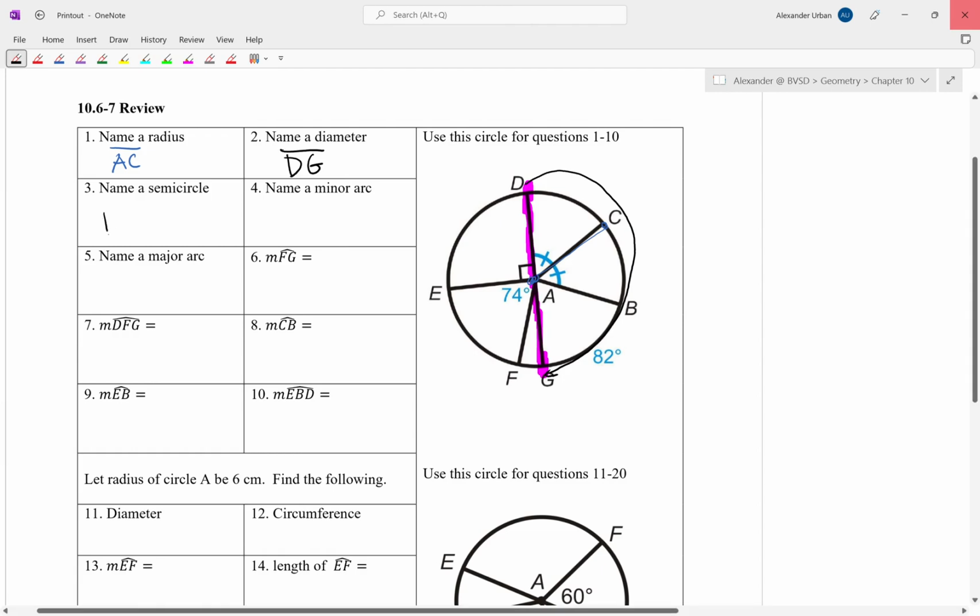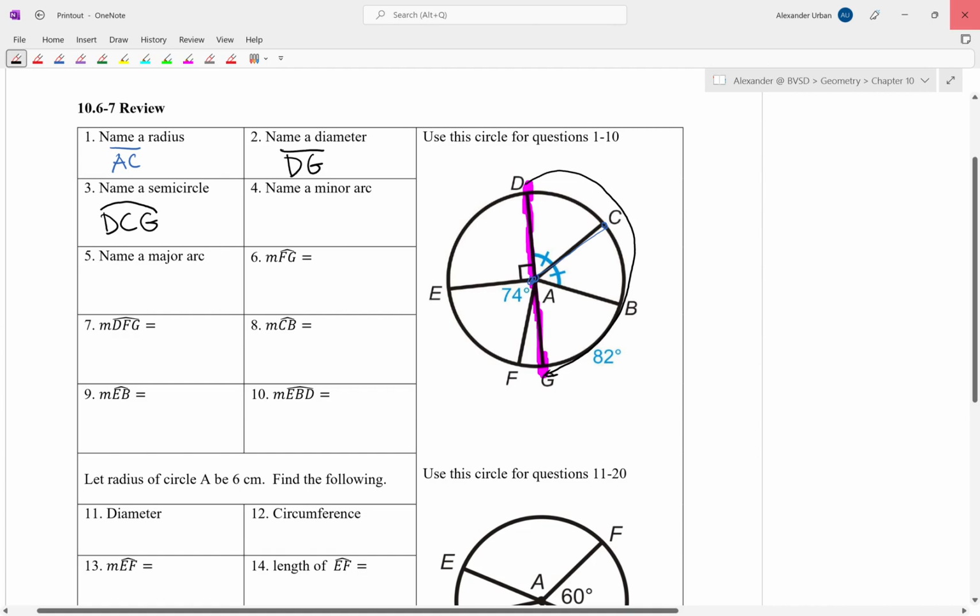So we're going to start with D, we're going to go to G, but we're going to go through either C or B, and I chose to go through C. Doesn't really matter. And notice that I'm using now this arc because it's the outside. I'm using a semicircle, so I want to make sure that we have that symbol.